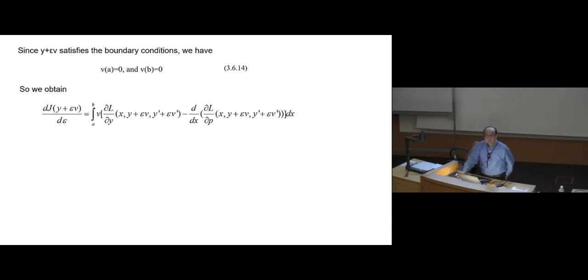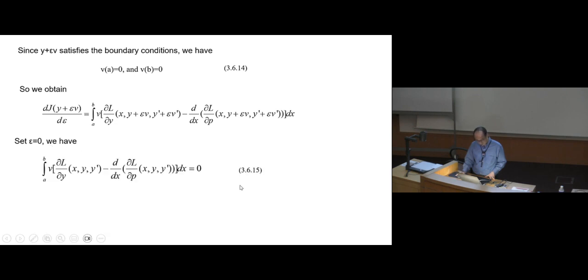But we know, does the integral have a minimum? It is a function of epsilon. Does it have a minimum? It has a minimum at which value? Epsilon equals 0, right? So set epsilon equals 0; the derivative of this function should be 0.